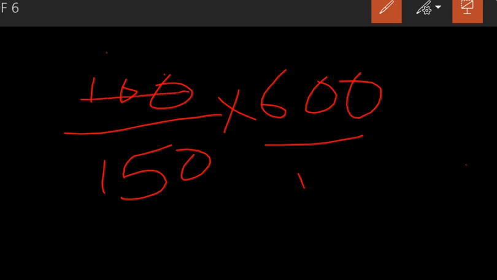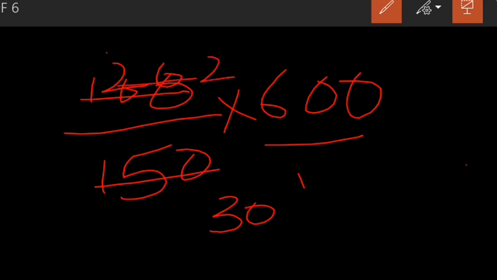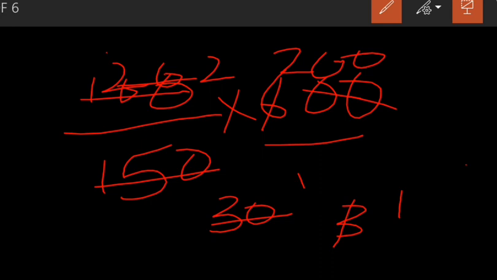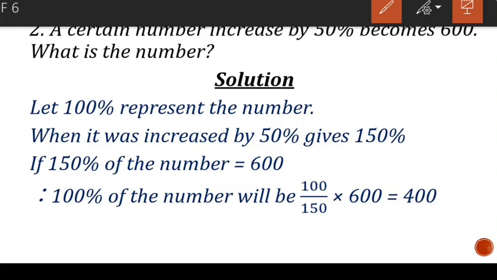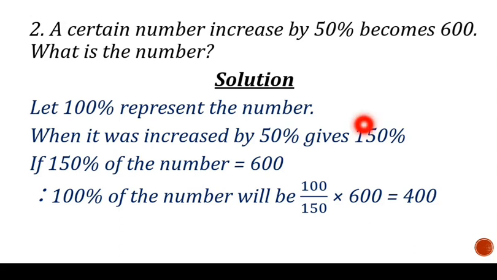Quickly, 5 here can go 20 times, 5 here can go 30 times, 10 here can go 2 times, 10 here can go 3 times, 3 here can go 1, 3 in 60 can go 2, then 100, this 0. So we have 2 now times 200. This 2 times 200 gives us 400. That is how we come about our 400 here.